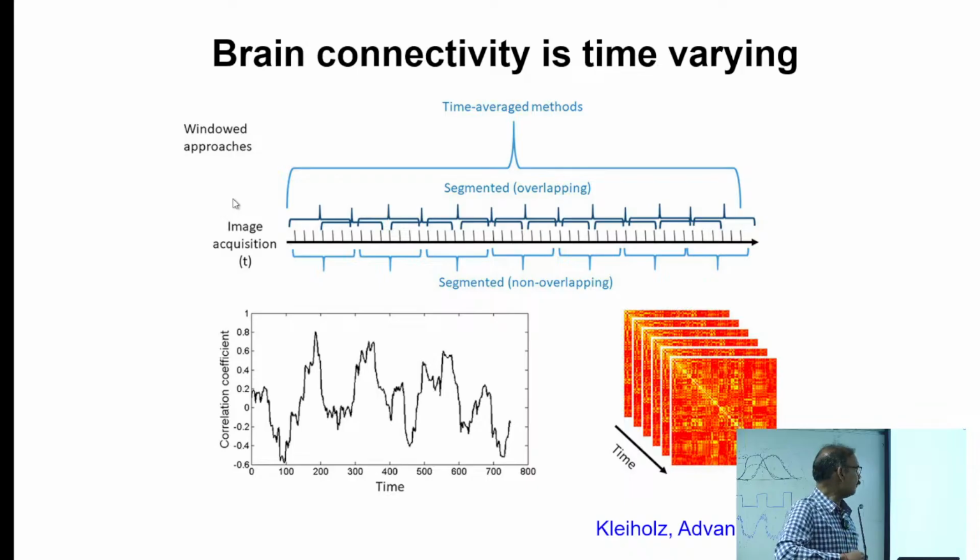And the sliding window is the most commonly used approach, right? One option is that you take one window of certain length, compute the correlation, then take the next window of the same length, compute the correlation, and then do it for the entire data set, right?